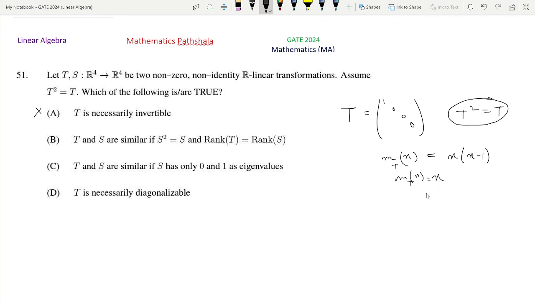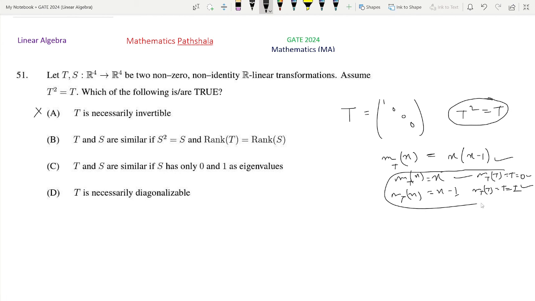This is given in the question that T is non-zero and non-identity. As we are given that 0 and 1 are the only eigenvalues of T, there are no other eigenvalues because T is idempotent. So the minimal polynomial m_T(x) may be equal to x, or m_T(x) equal to x minus 1. If m_T(x) equal to x, then m_T(T) equal to T equal to 0, that is T is the zero matrix, which is not so. And if m_T(x) equal to x minus 1, then m_T(T) equal to T minus I equals 0, that is T equal to I. Then T will be the identity operator, which is not so.